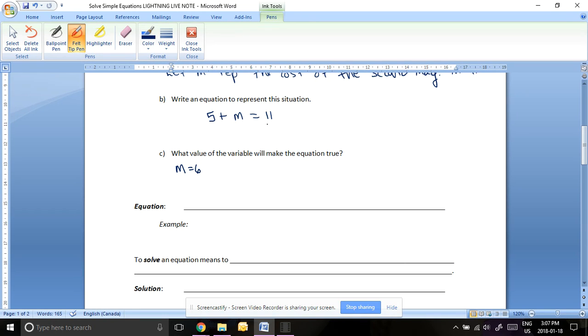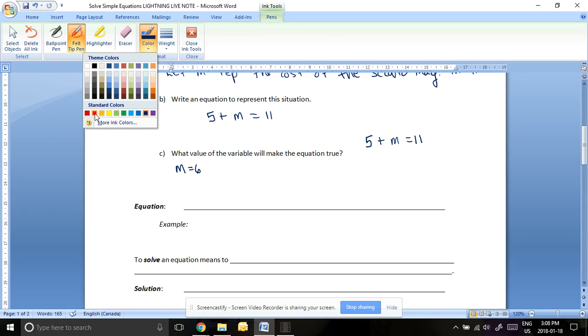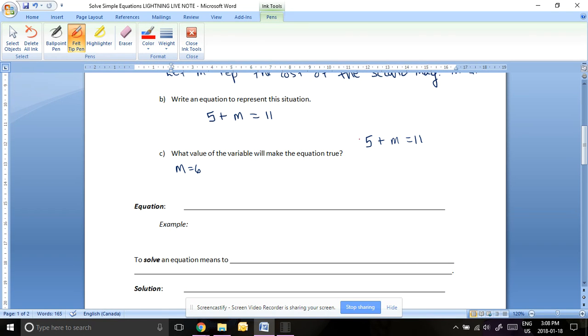Or you can do it by doing opposite operations, which I'll do over here. We have that 5 plus M equals 11. We want to get M all by itself so that we can solve for it. Because there is a 5 on this side, to get rid of a plus 5, you would subtract 5 from this side.